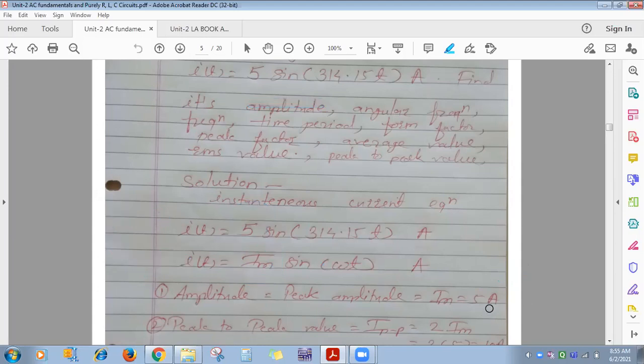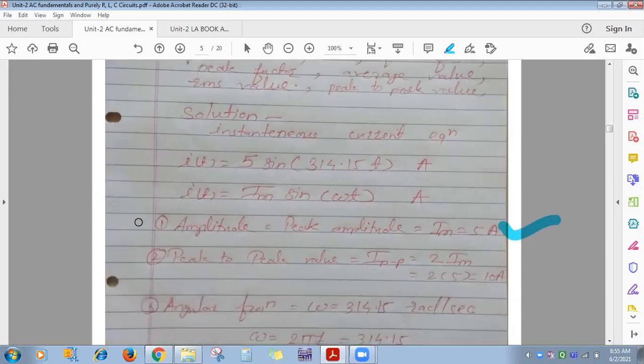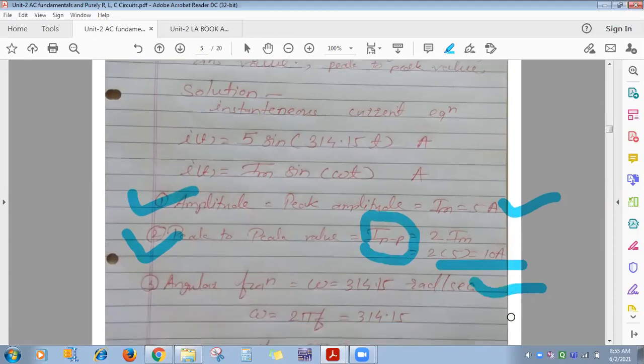Peak value is 5 ampere, so what will be the peak to peak? 10 ampere. Peak to peak value of the current is twice the peak, that is twice of 5, so 10 ampere. Angular frequency omega is 314.15 radian per second.